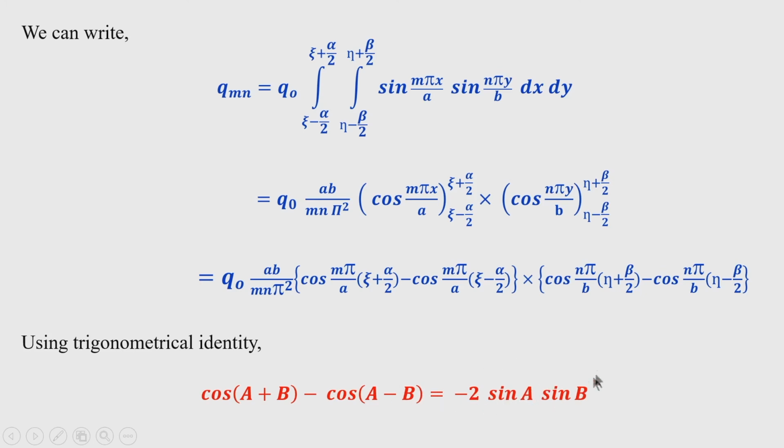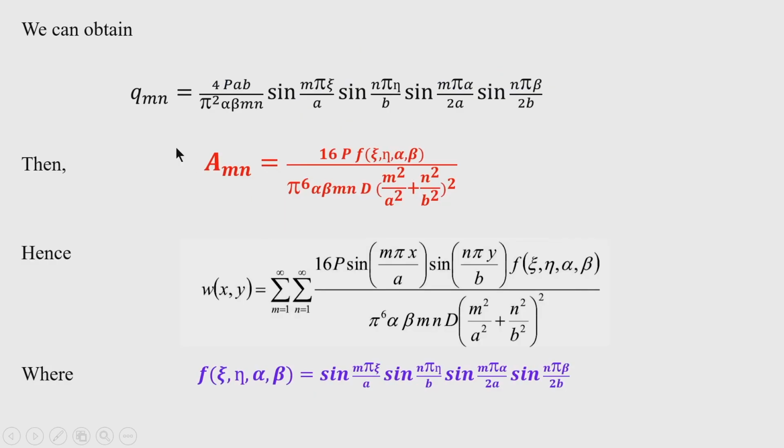So, this formula can be applied, and after application of this you get qmn equal to 4 p a b divided by pi square alpha beta m n, into sin m pi xi by a sin n pi eta by b sin m pi alpha by 2a sin n pi beta by 2b. So, you get qmn and hence Amn is found. So, in Amn you can see 16 p and some qmn.